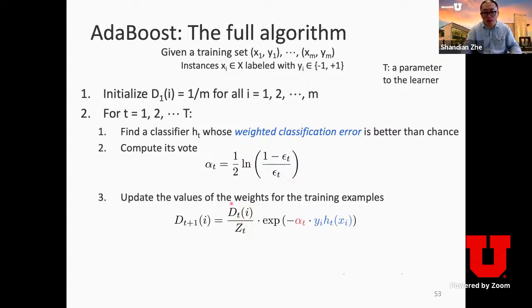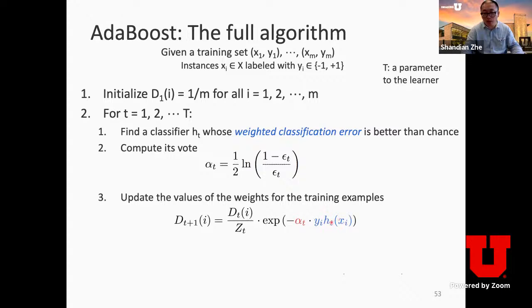We use this unified formula: we simply multiply the previous weight of each training example by exp of minus alpha t y_i h_t of x_i. The sign of this value indicates whether you make a correct prediction or not. If you make a correct prediction, y_i h_t of x_i is 1, and your scalar is less than 1, so you down-weight.